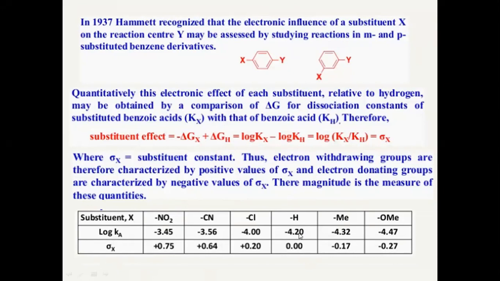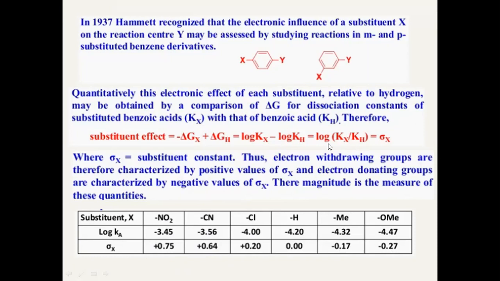Minus 4.20. And if it is nitro, it is what? Minus 3.45. If you subtract this minus this, that will give you plus 0.75. If you replace this and put these values here, you will get this difference, and keep doing this and you will get this.